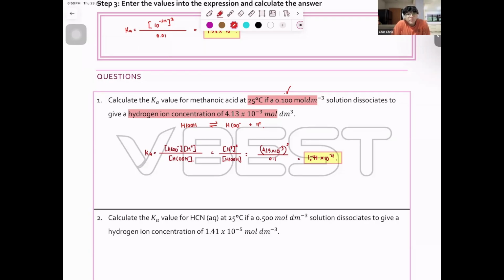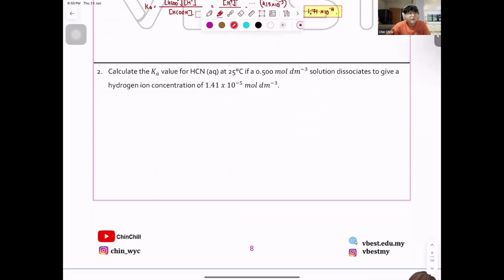Try the second question, guys. Same thing, I need the Ka value of HCN.